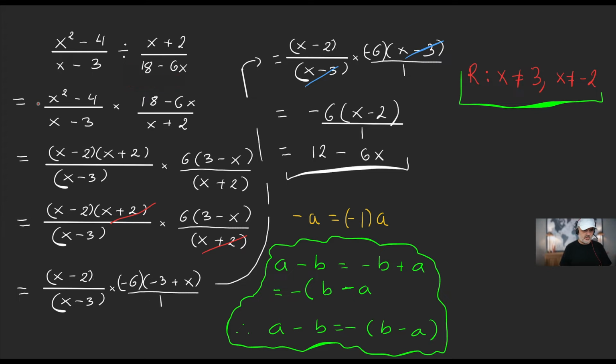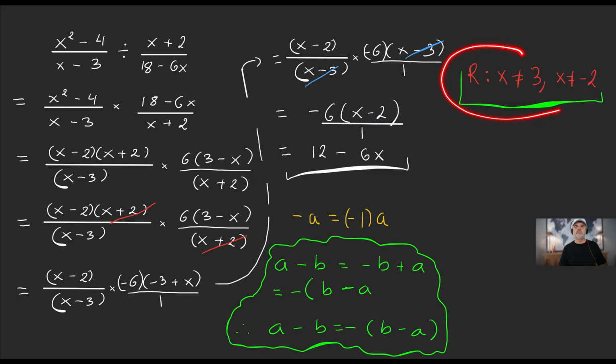You remember the strategy: you keep the first rational expression the way it is, convert division into multiplication, and flip the divisor upside down, so that it is now 18 minus 6x on top divided by x plus 2 on the bottom. Boom.